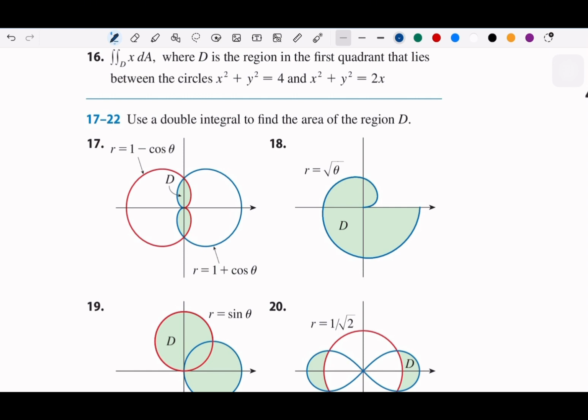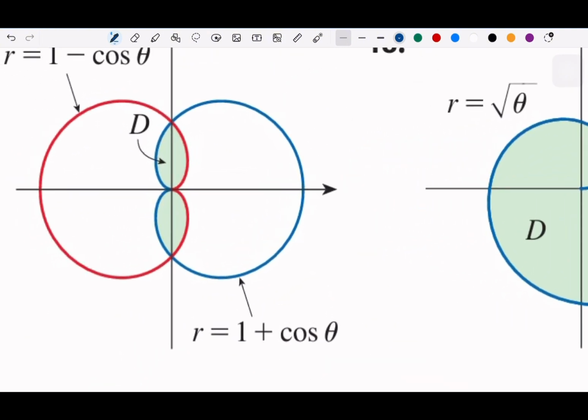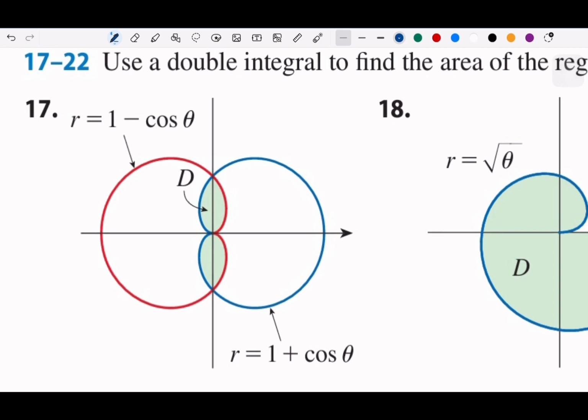Because they are symmetric, and sometimes in polar it is easier to see that, if we take this one side, the whole of D is this piece multiplied by 4, right?